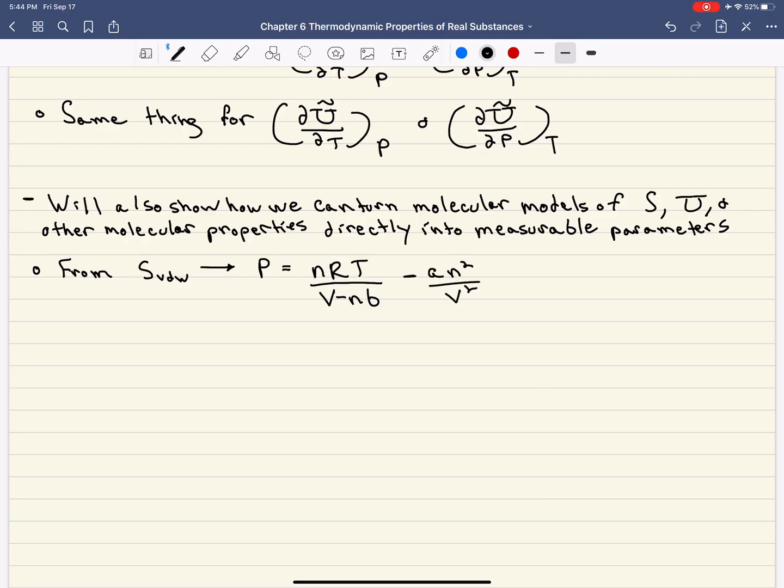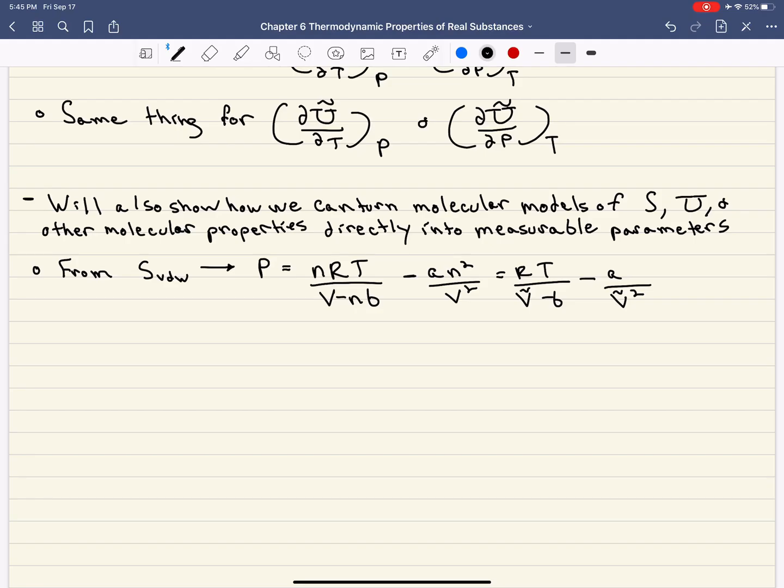So here, instead of having to figure out what to do with entropy, all we have to do is measure temperature, pressure, and volume, and then we can fit our data to this equation, and that will allow us to get B and A. That's the approach we want to take here. We can also rewrite this in terms of molar volume as well.